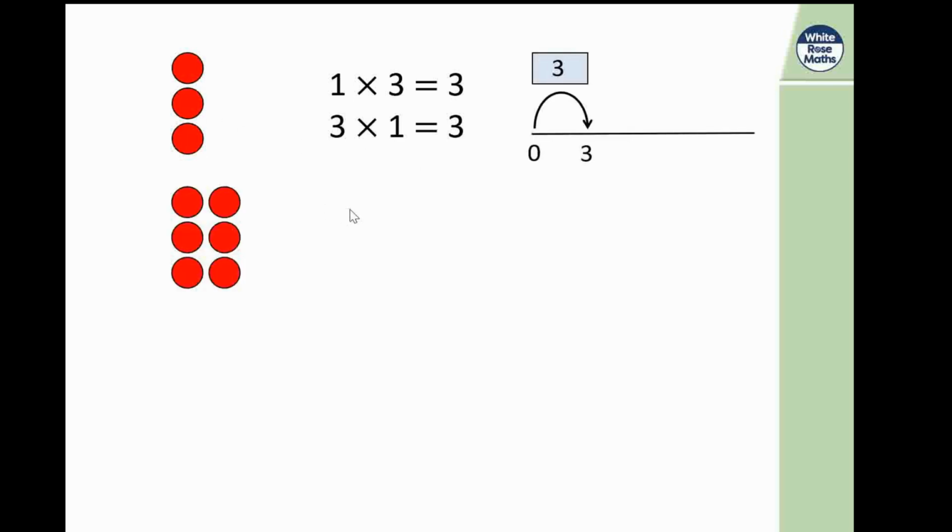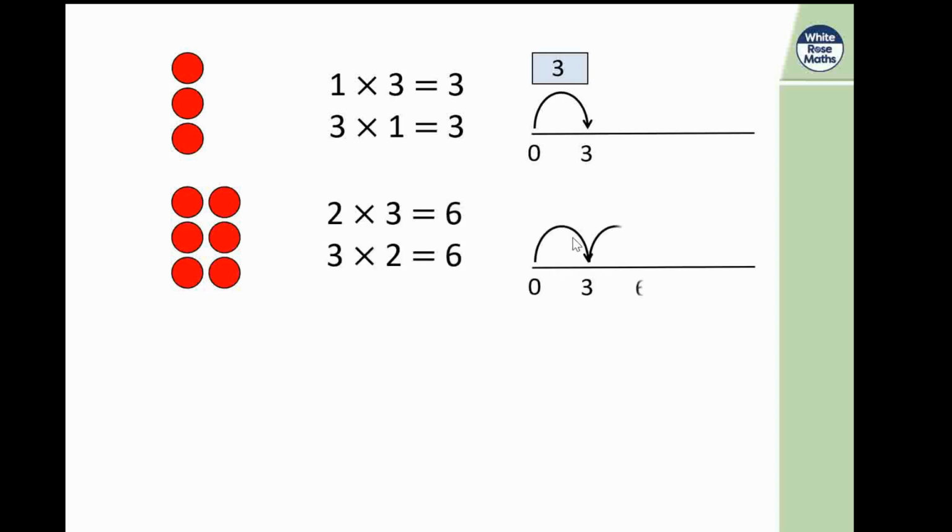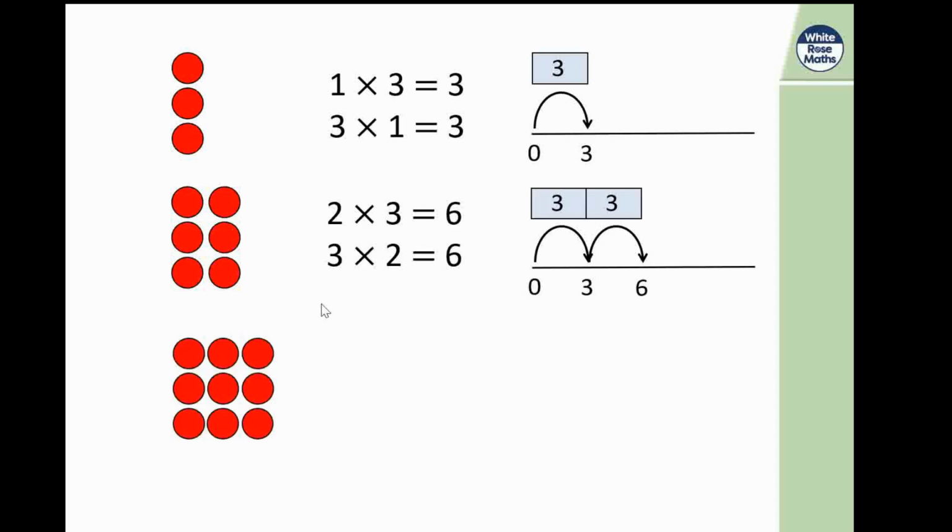3, okay. How about this one? What would be written here for this one? Right, which would give us 6. So 2 times 3, or 3 times 2, equaling 6. Okay, and then we'll have a look at, this will show the times table. 3, 6, so 2 3s are 6. Okay, this one.